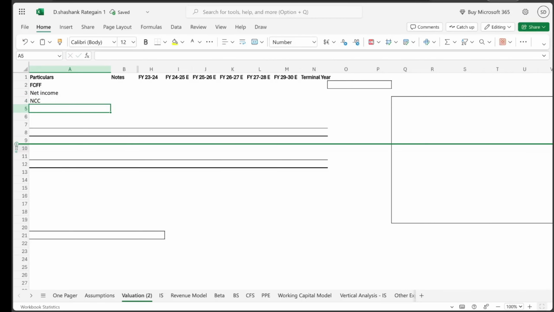Then we have to subtract changes in working capital, and then we have to add interest into 1 minus tax. Lots of times people forget that. And then we subtract fixed capital investment. We also call it capex.